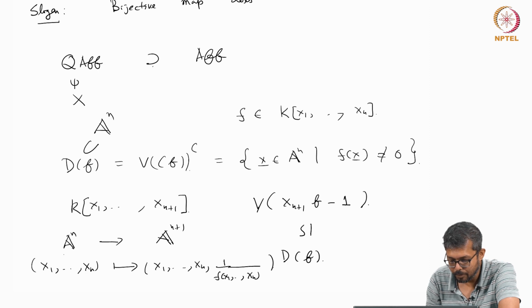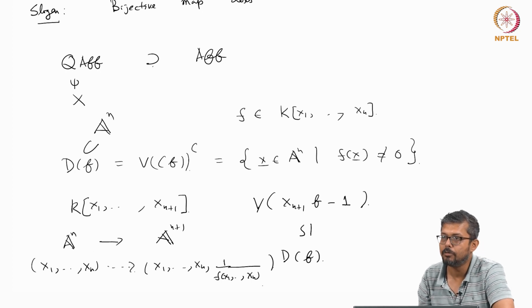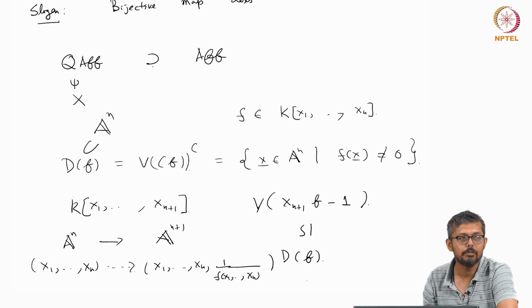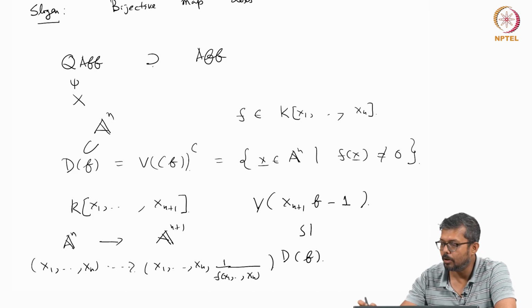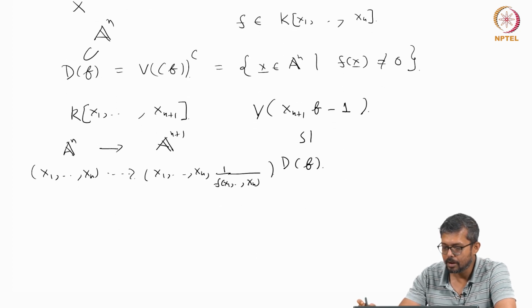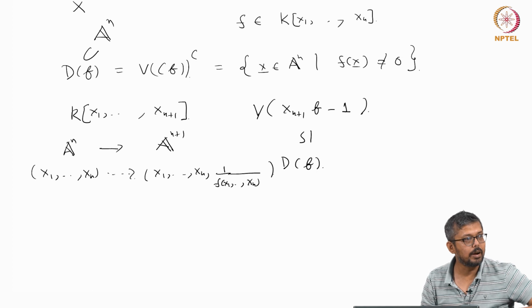So this is a rational map, but it is defined on D(f). Rational map means dotted map. This is not defined over the whole of A^n; where f vanishes it is not defined, but it is defined on the open set D(f), right?